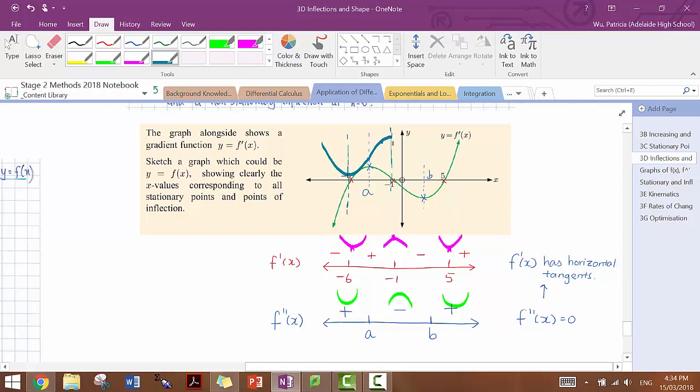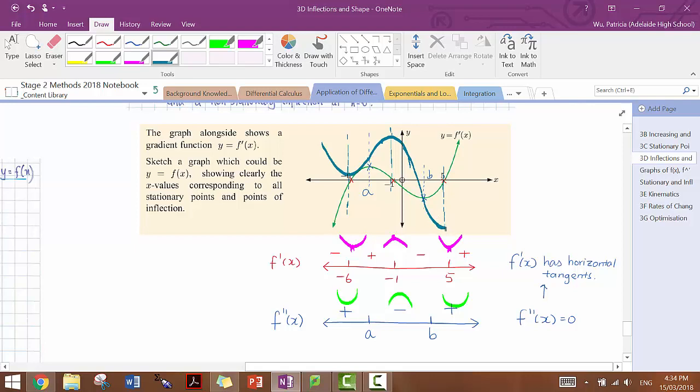And then it keeps going, and it will start to go down while still maintaining that concave shape until it reaches that b where it changes its curvature into a convex. And then it's going to reach a local minimum at 5.